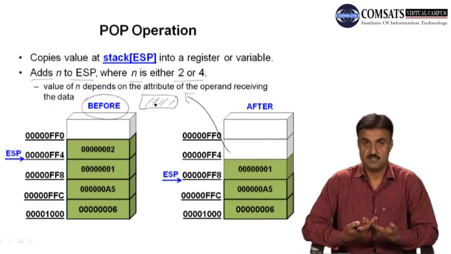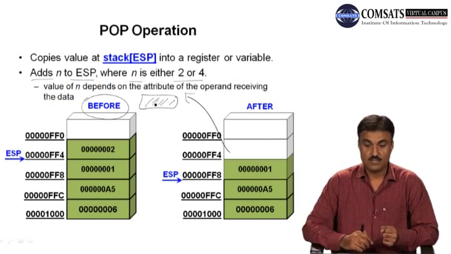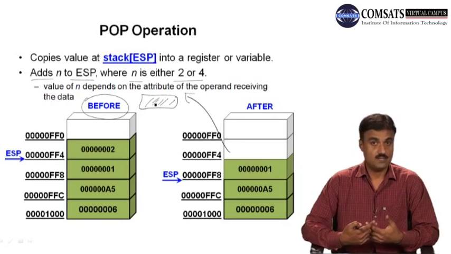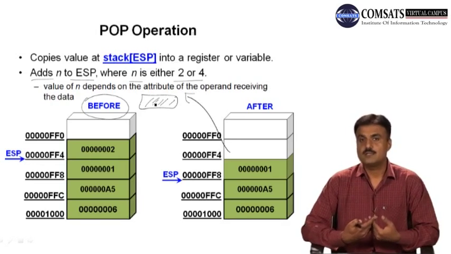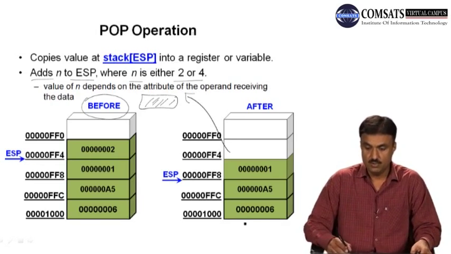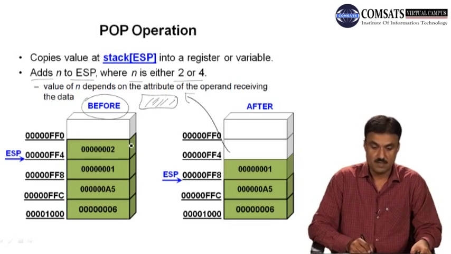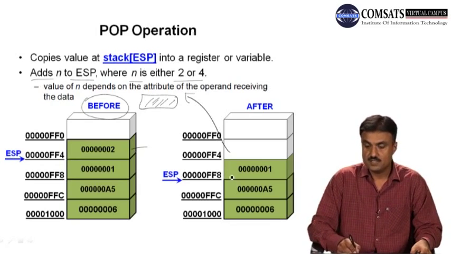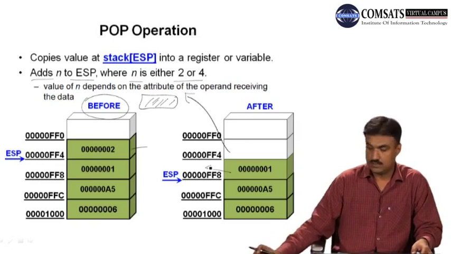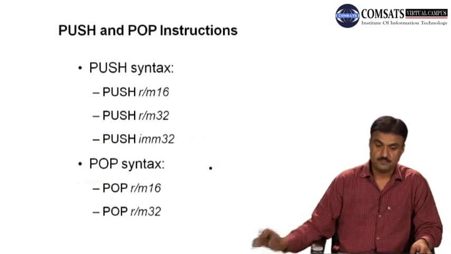So if we read 32 bits or 4-byte data, this stack pointer will be incremented by 4. So this is the new top of the stack. This was the last element, but after pop, this is the last element that we can read from the stack. So this is the pop operation.